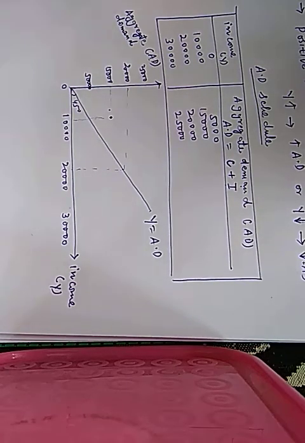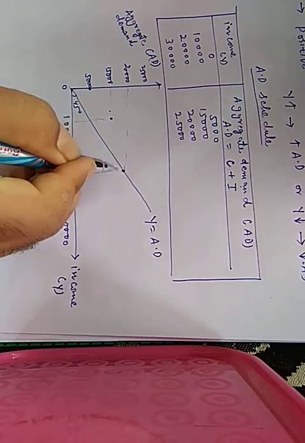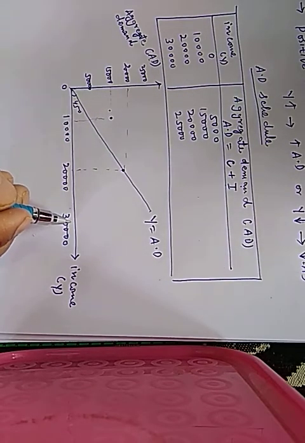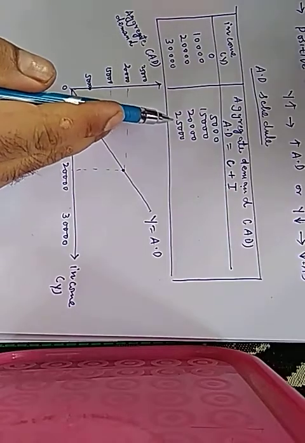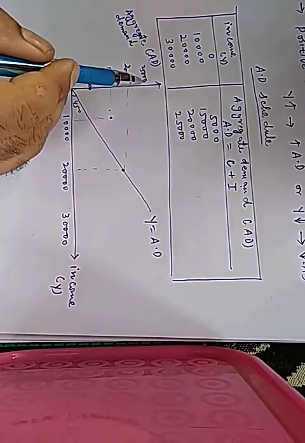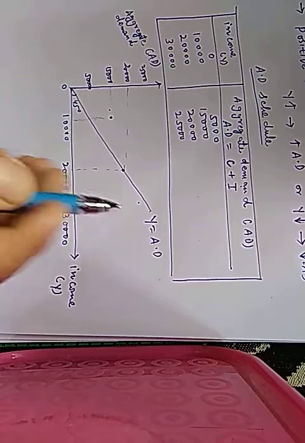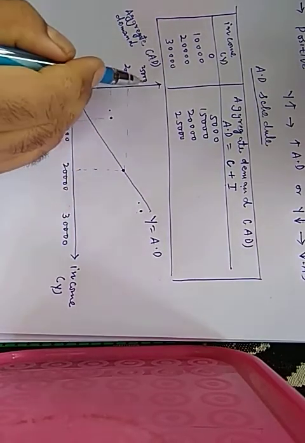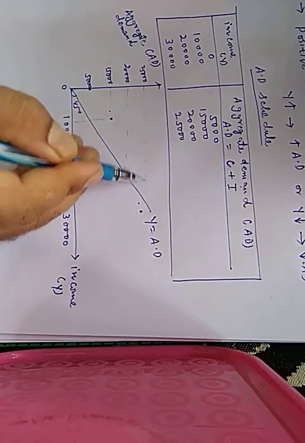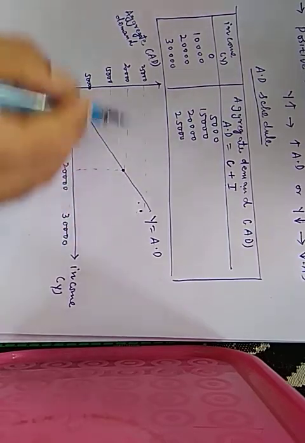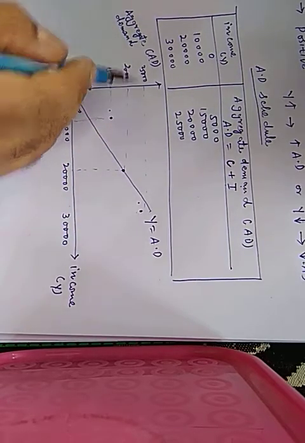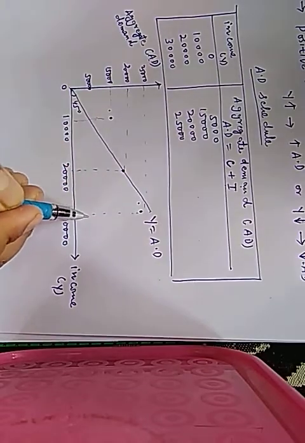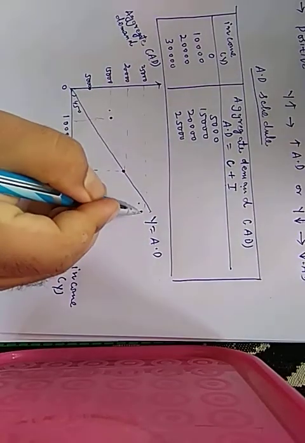Now when income is 30,000, aggregate demand is 25,000, less than income. This point shows aggregate demand equal to 25,000 when income is equal to 30,000.